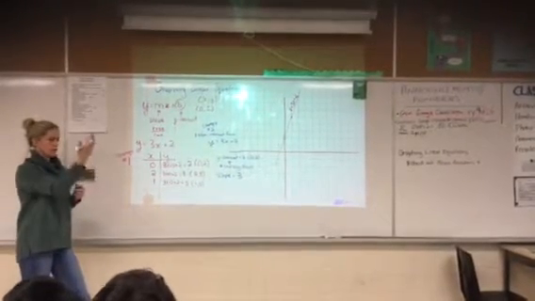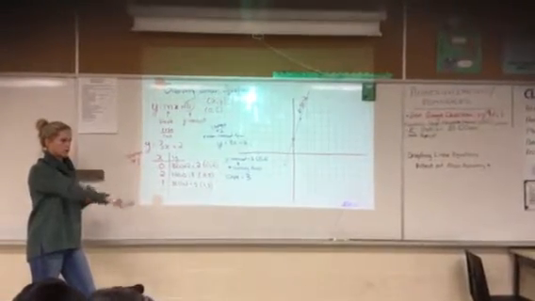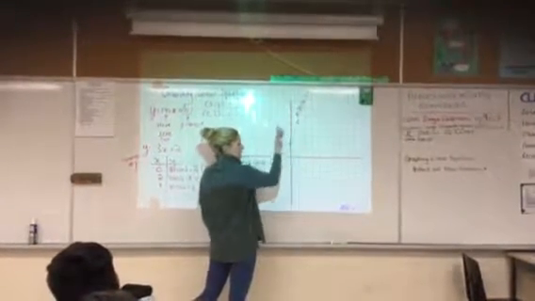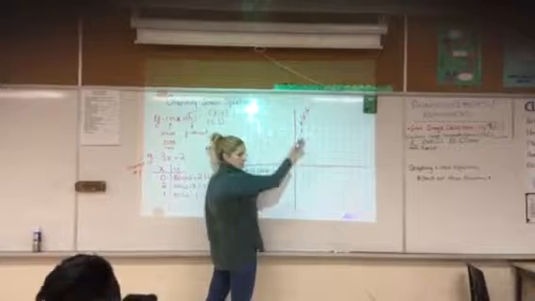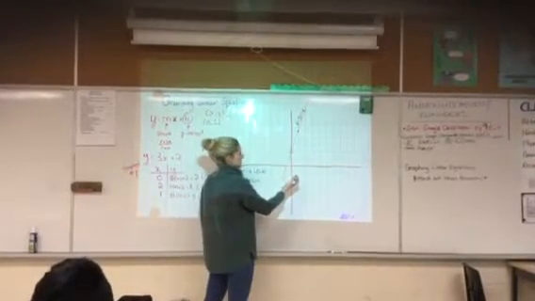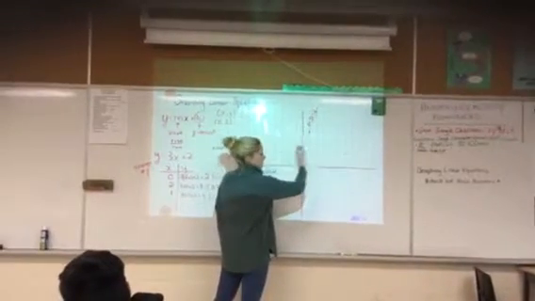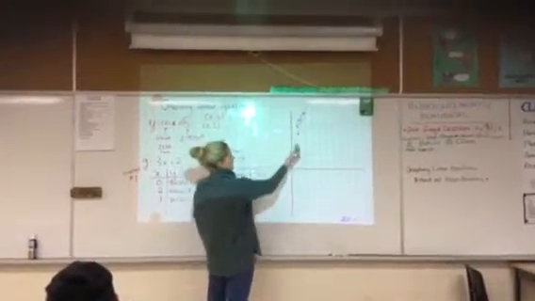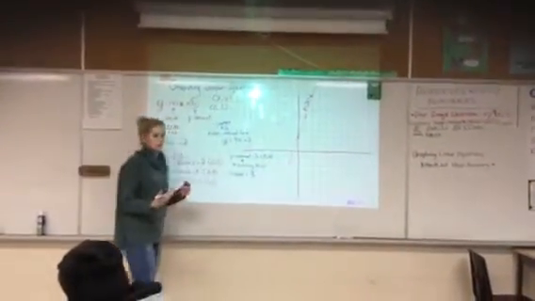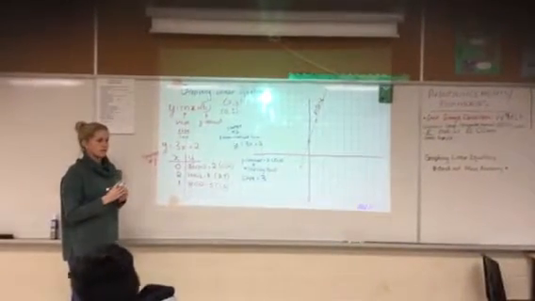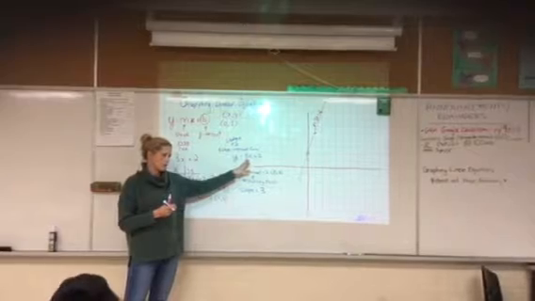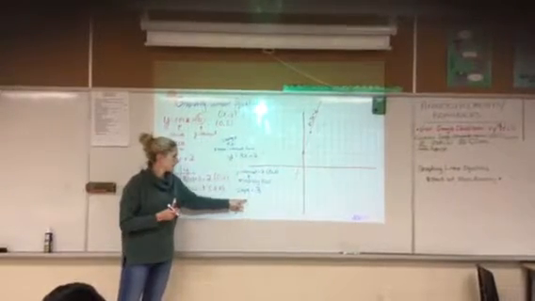Is it going to be closer to the y-axis or further away? The closer my line is to the y-axis, the steeper the line, the steeper the slope. If it's further away, it's not as steep. And obviously, what happens if it's right on the line? There is no slope. So what would I not have? I probably wouldn't even have this part in my equation, okay? And we'll talk more about that in a bit.